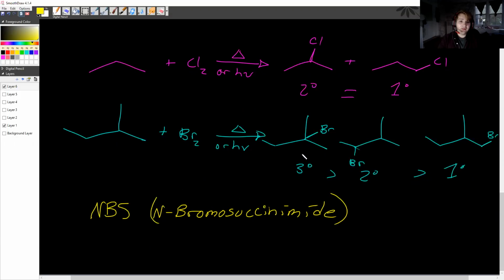This is another option: instead of using chlorine as a halogenator or in propagation, we can use NBS.